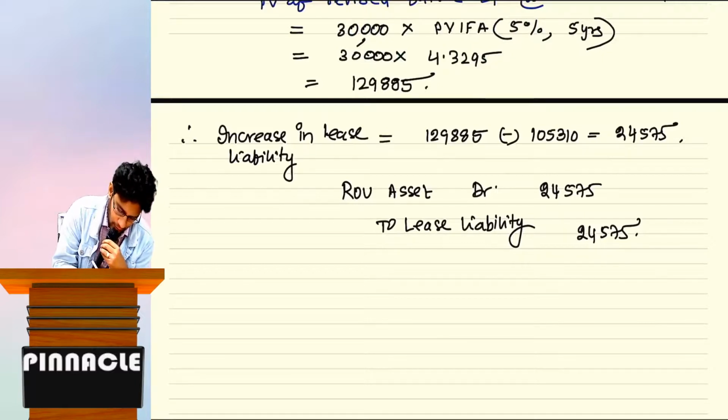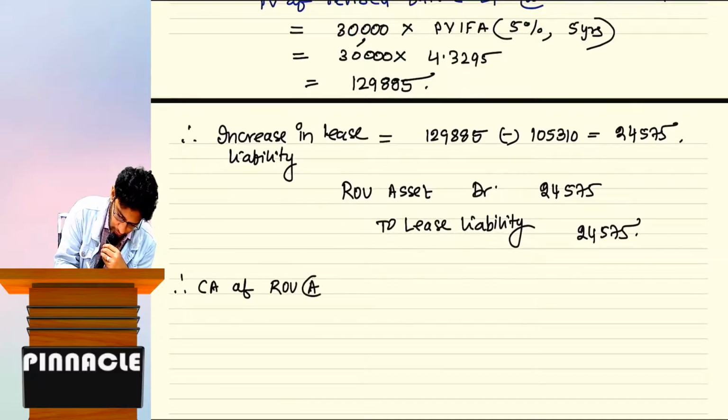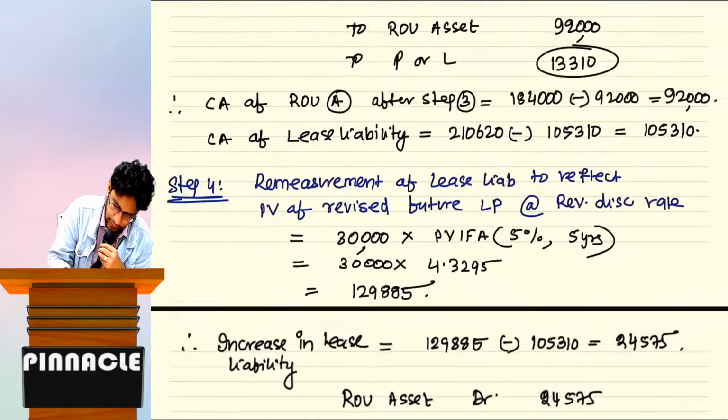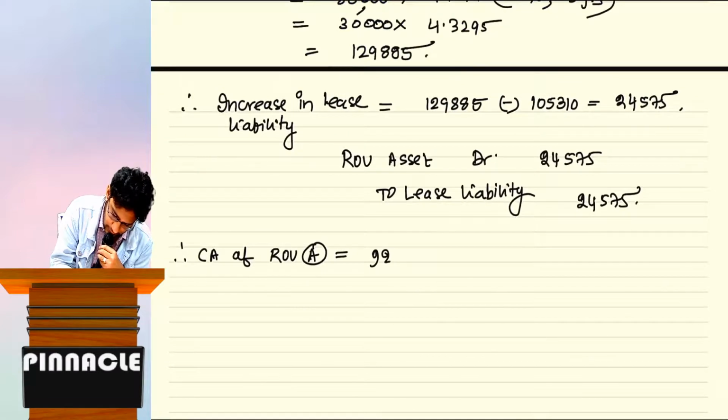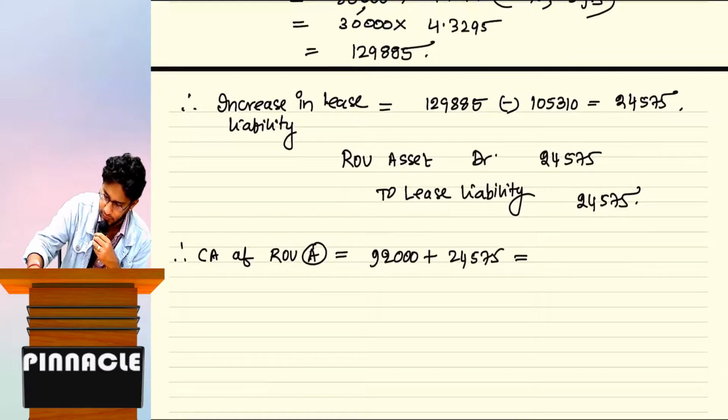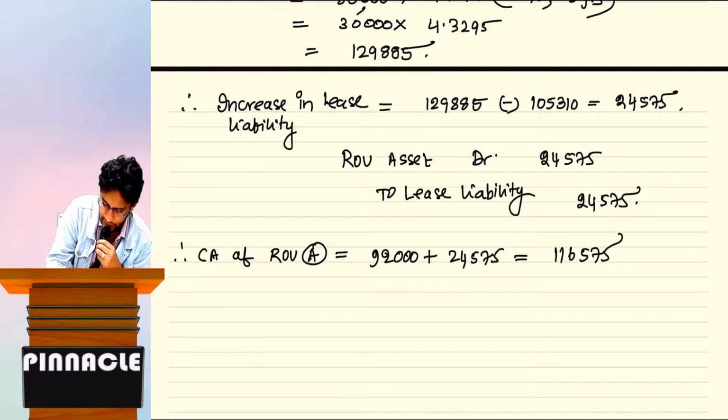Now, therefore, the carrying amount of ROU asset: last time we made it 92,000. Now 24,575 you again increased, so 116,575.